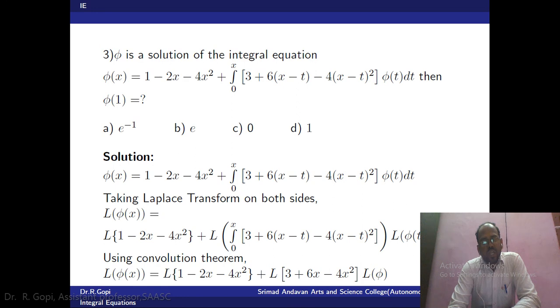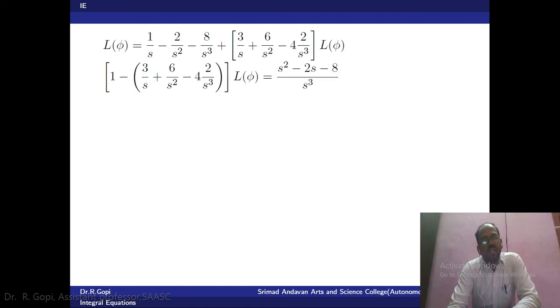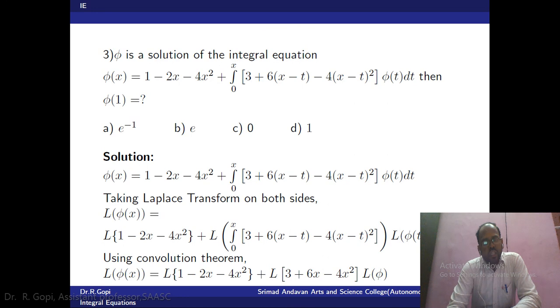Taking these values to the left hand side, L of phi equals 1 by s minus 2 by s squared minus 8 by s cube. Here L of 1 is 1 by s, L of x is 1 by s squared, and L of x squared is 2 divided by s cube.